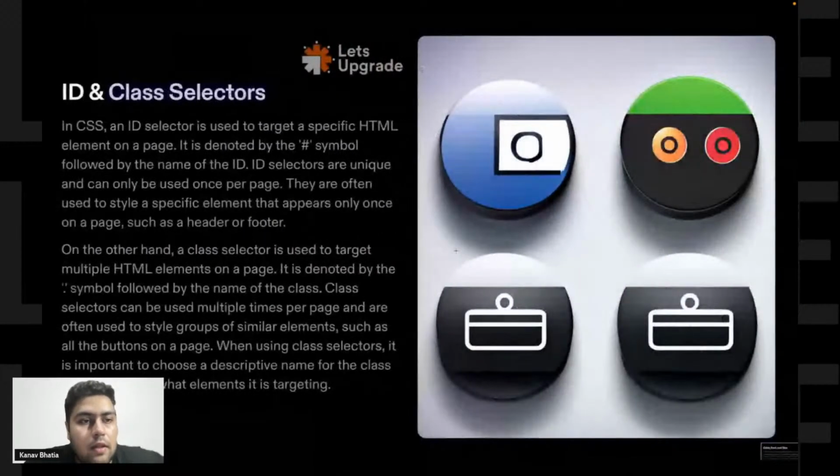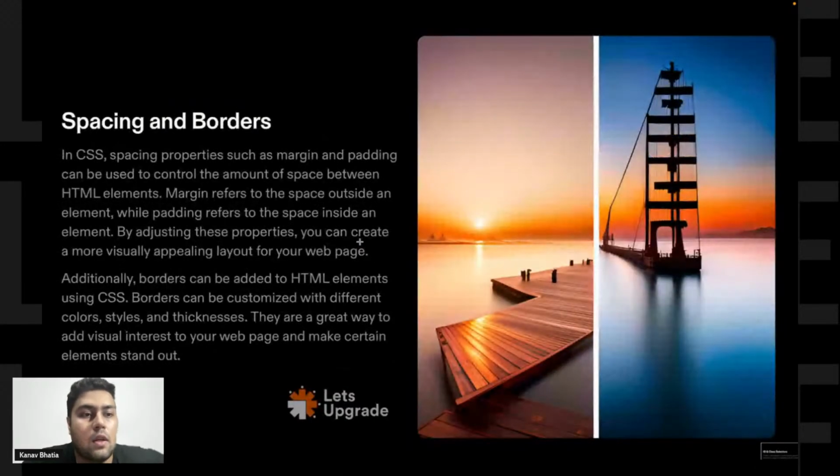Okay, so let's continue further. Now let's come to spacing and borders. So what is this spacing and borders? Whenever you have elements in your website, you want to have some spacing on it.